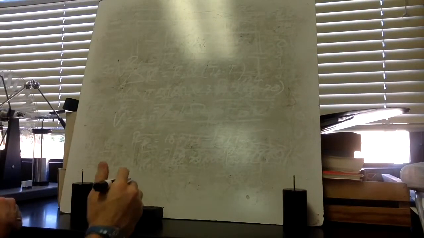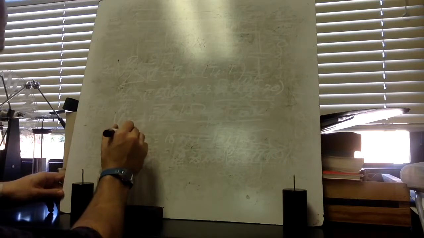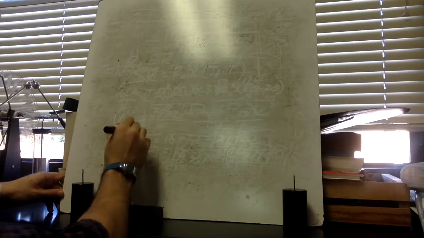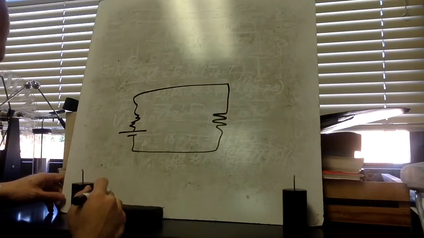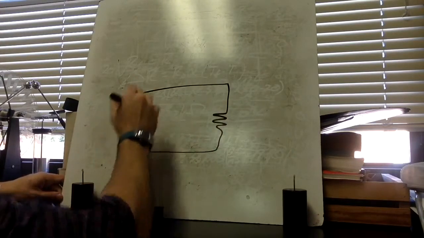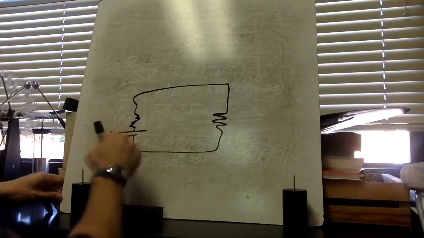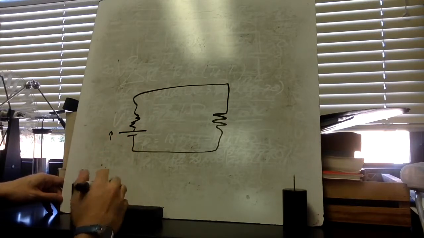Okay, so when I'm doing this loop, I'm going to go around in the same direction as the current. But if I go around this way, right, going through the battery this way, I'm adding up that EMF, right?